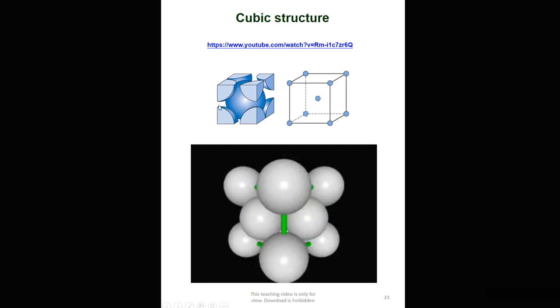So the carbon should go outside to form the carbide. That is why we need to say the carbide form.